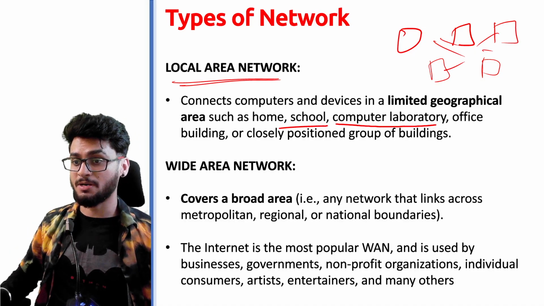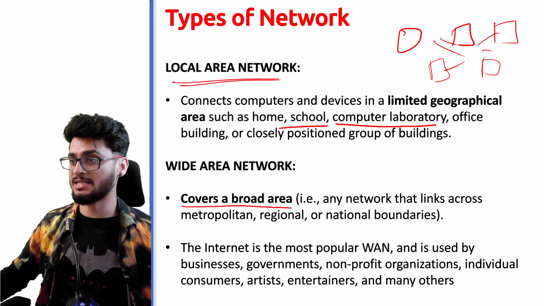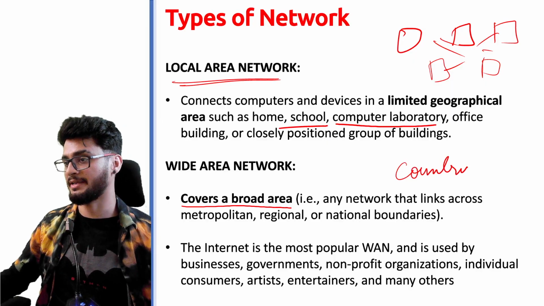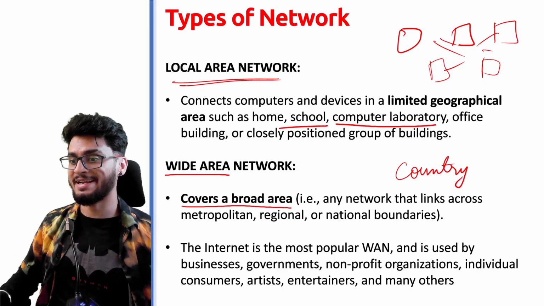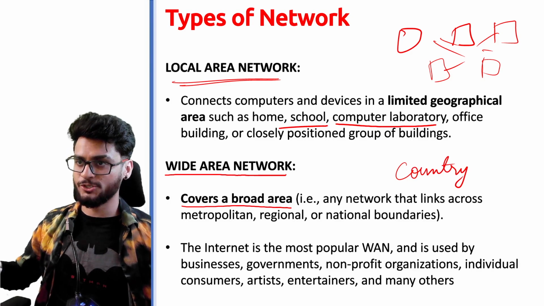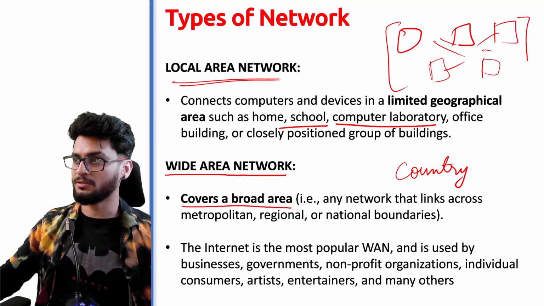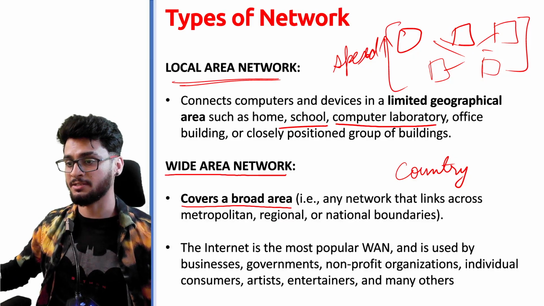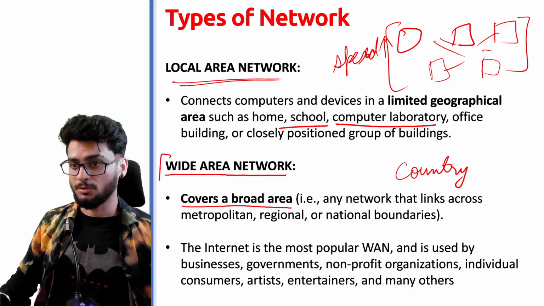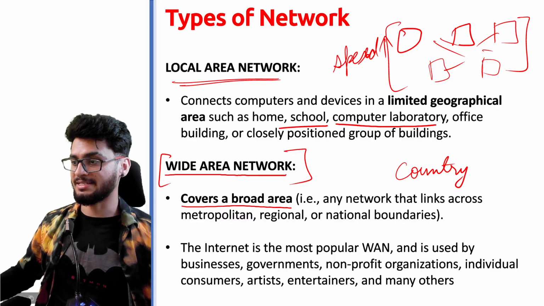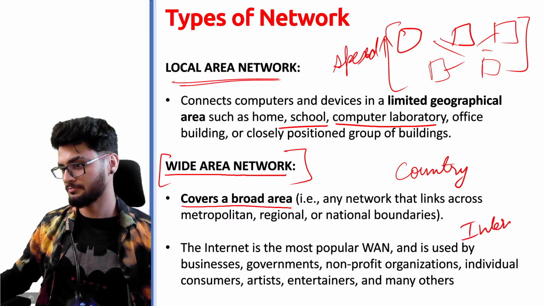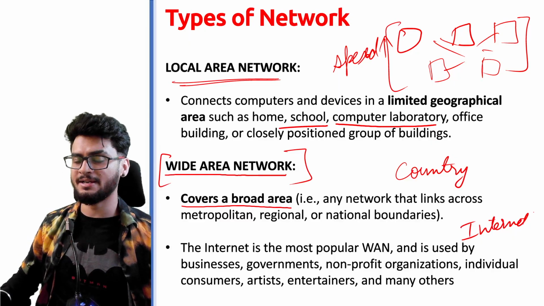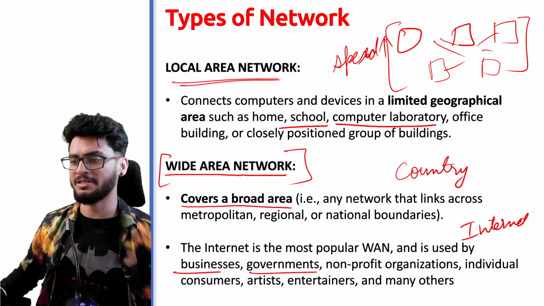Whereas जब आपका बहुत ज़्यादा बड़ा area है, for example an entire city, more than a city, or an entire country like India, that is known as a wide area network. So now as you can guess, जितना छोटा network होता है आपकी जो speed है उतनी ही ज़्यादा होती है, and जितना बड़ा network होता है आपकी speed उतनी ही कम होती रहती है. The most popular wide area network is definitely the internet. And wide area network is generally used by businesses, governments, etc.